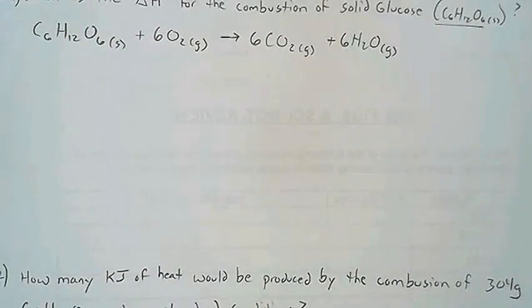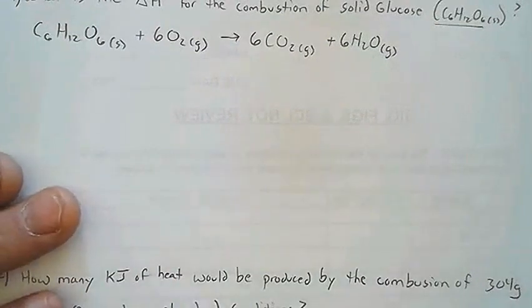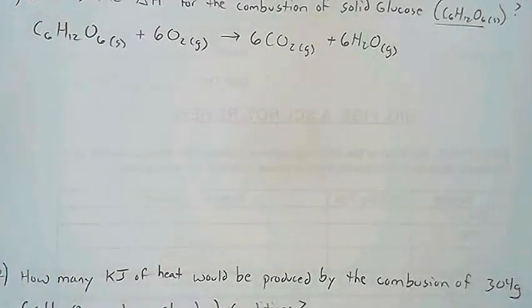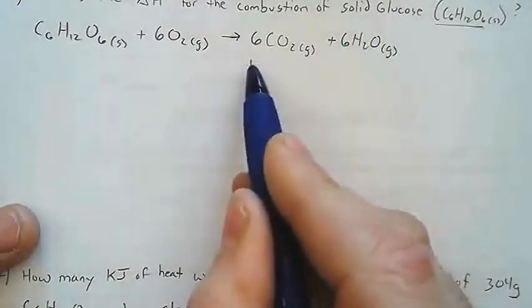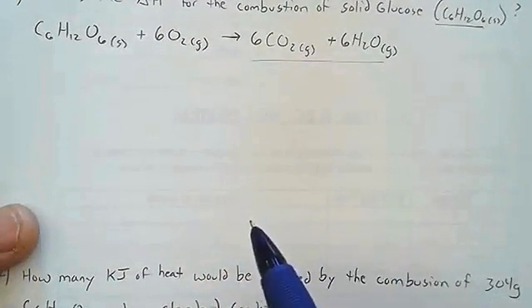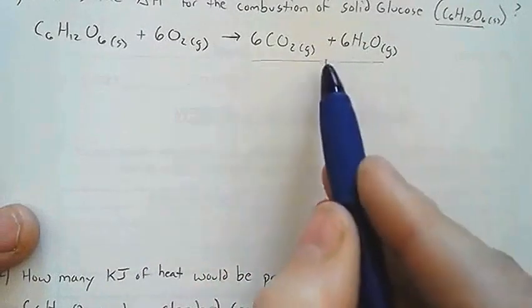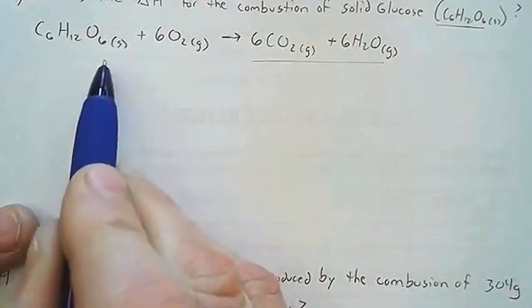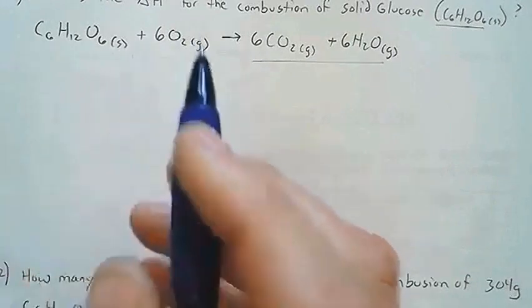Now, the next thing we need to do is use the formula for the standard heats of reaction, which says that we take the sum of the products and subtract the sum of the reactants, their standard heats of formation.